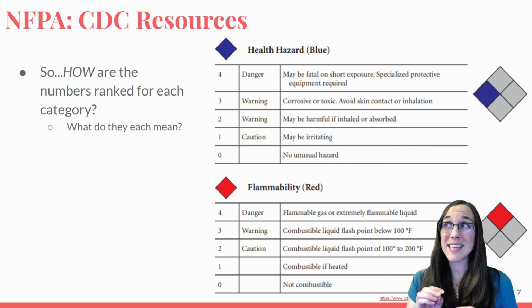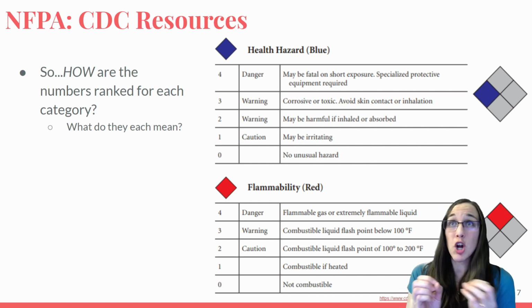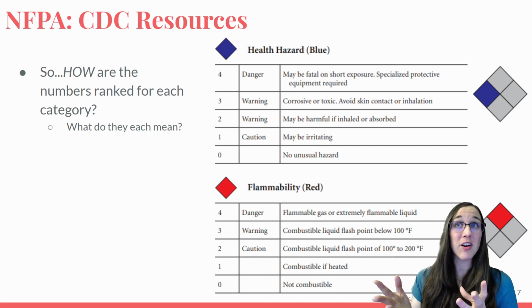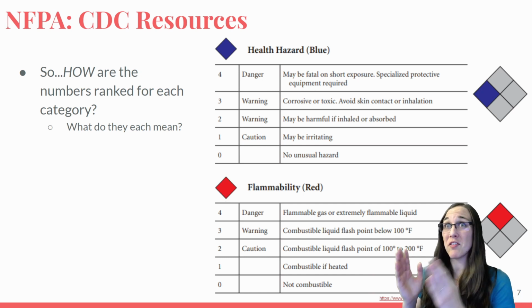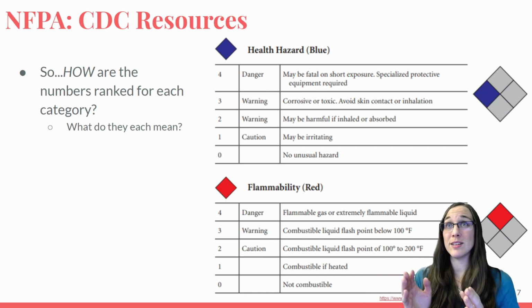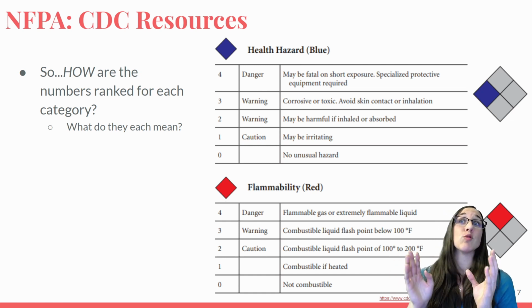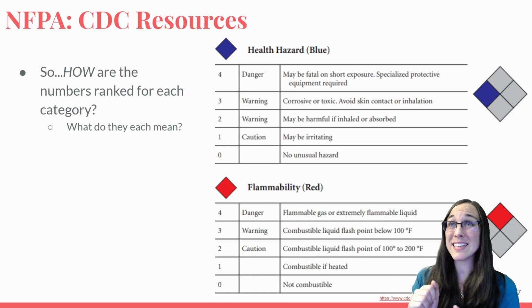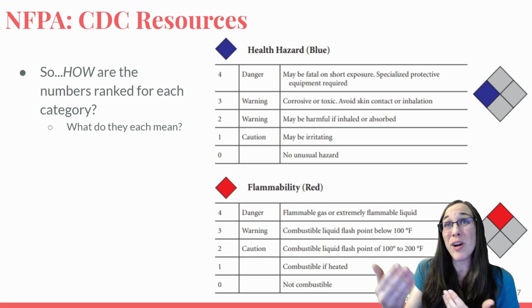That basically means that if it's above 73 degrees, essentially, it's going to go up in flame. So you have to keep this in a refrigerator kind of thing. So if the building's already on fire and the fridge is going to go up in smoke as well, this is going to make the fire a billion times worse if there's a 4 in the red quadrant. If you see a 3 in the red quadrant, that's like, hey, warning, this is a combustible liquid, meaning it will catch on fire.